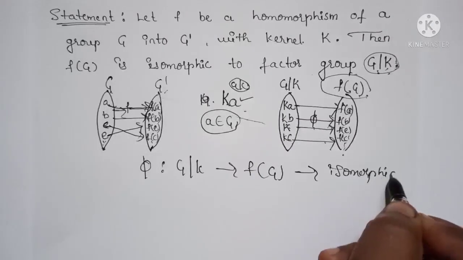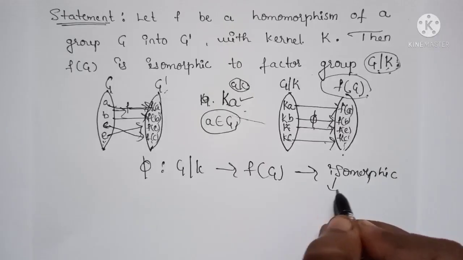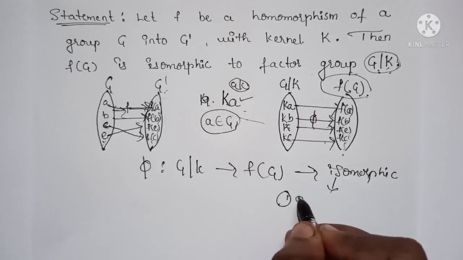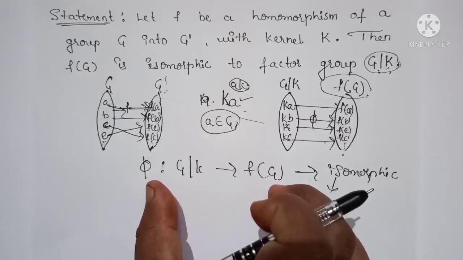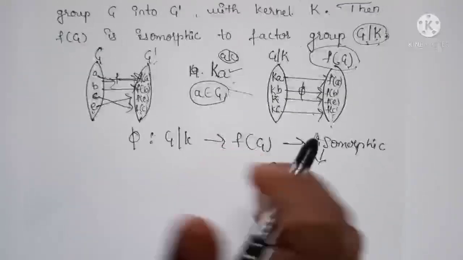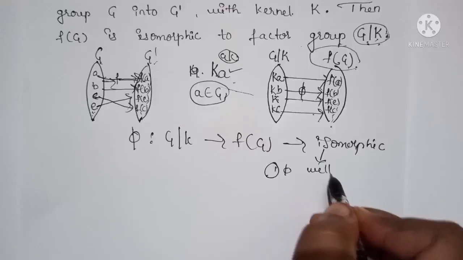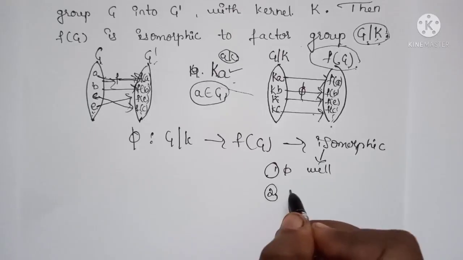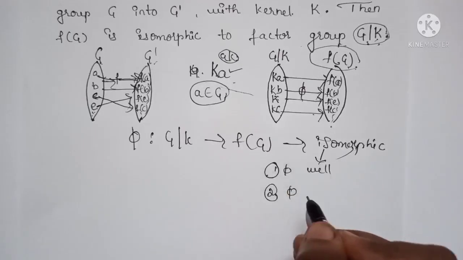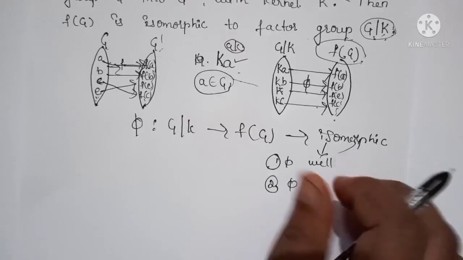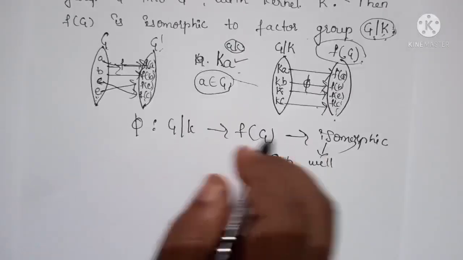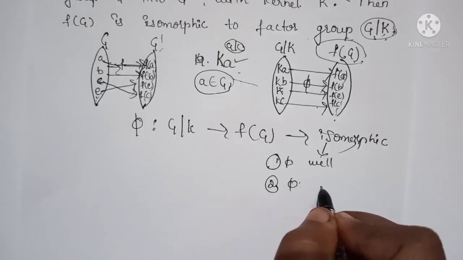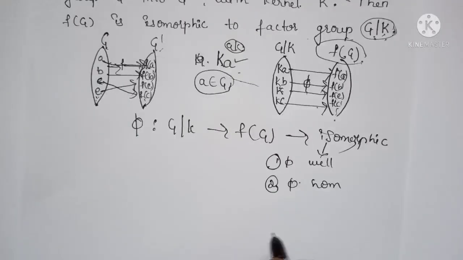So in order to show that it is isomorphic, first we have defined this phi, therefore we have to show that this is well defined. Second, from the definition of isomorphism, we have to show that phi is a homomorphism.